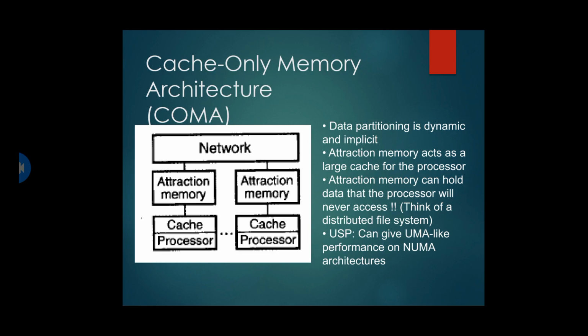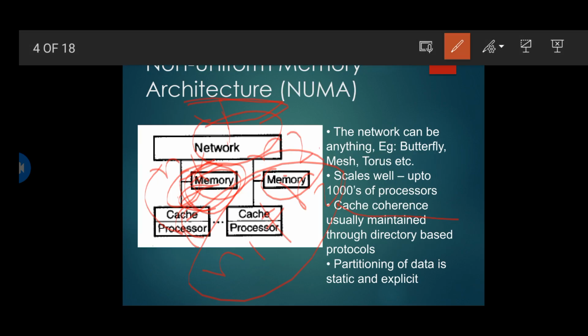Here the network can be anything like butterfly, mesh, torus, etc. It scales well up to 1000 processors. Cache coherence is usually maintained through directory-based protocols. Partitioning of data is static and explicit.